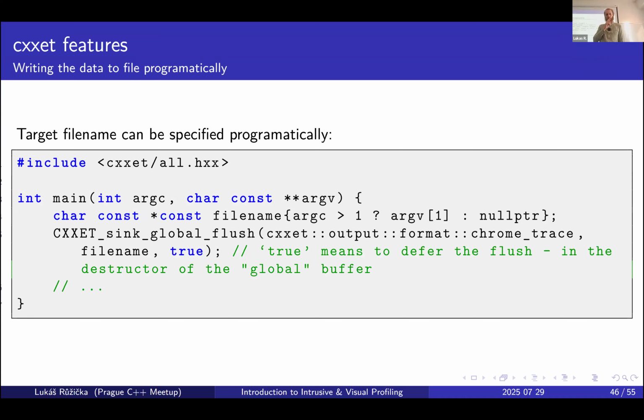So regarding the file flushing, there's this function or macro on line 5 or 6. I was thinking that I would provide many more formats, so it's just some kind of artifact, and I will probably delete it. But basically you call this thing and provide the file name, and the last argument is a flag, a bool, indicating whether you want to flush everything you have right now to the file, or defer it to the destructor of the global object, the global buffer or sink.